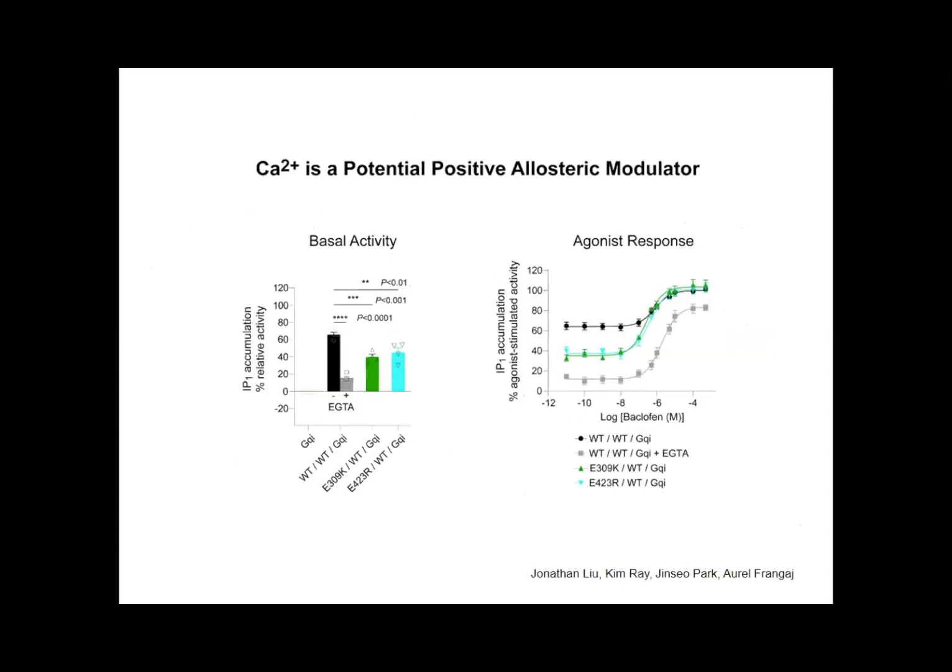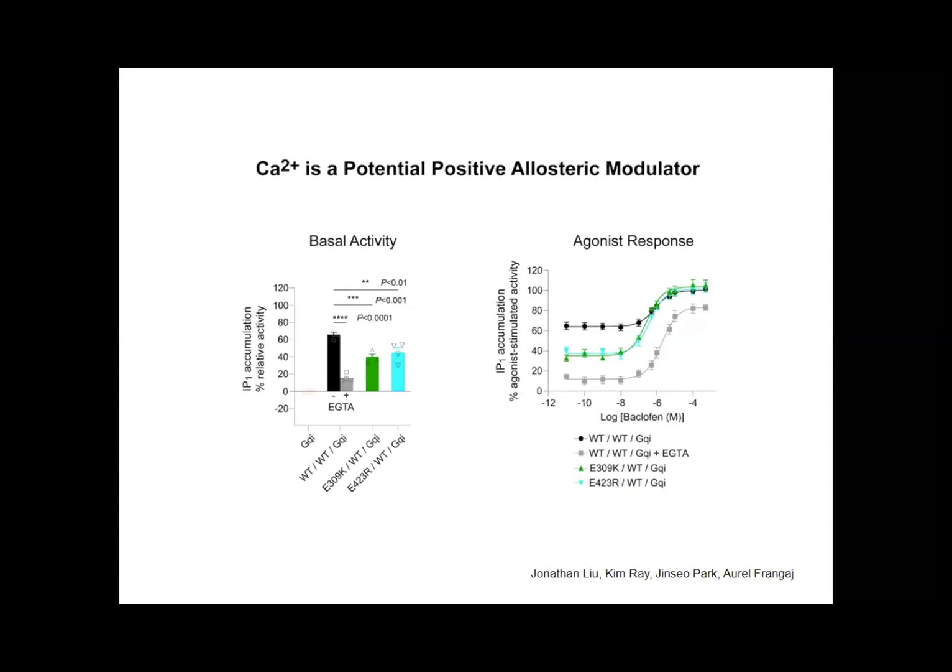We explored the functional role of the bound calcium in two ways. Again, the wild type data is shown in black and the mutant data are in green and cyan. First, we found that the presence of a calcium chelator, EGTA, substantially reduced the basal activity of GABAB receptor. This is shown in gray in both diagrams.